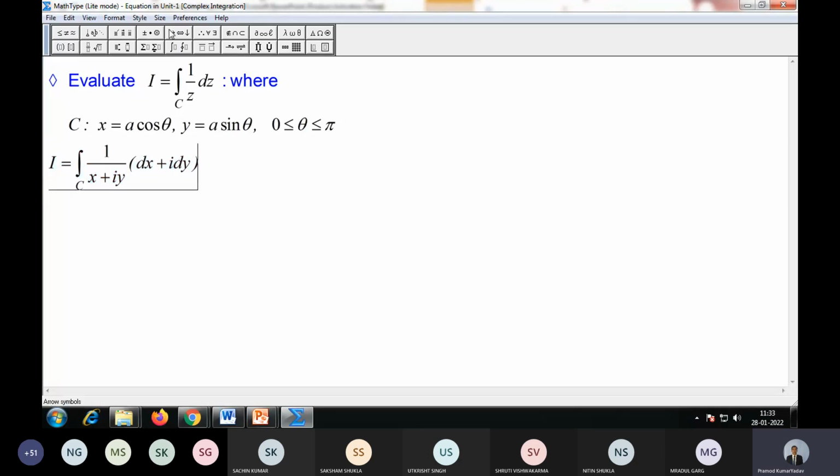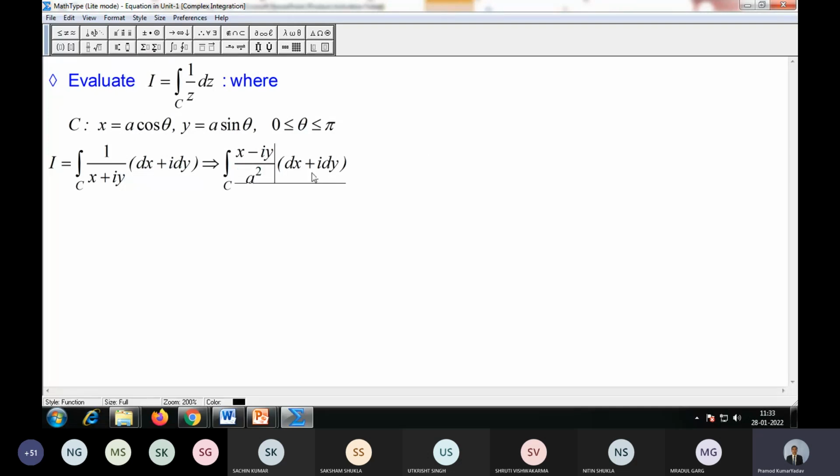So this implies, if you all agree, then here x plus iy becomes x minus iy, and x minus iy gives x square plus y square. So x square plus y square is nothing; it is a square. So we may use it like this, a square.